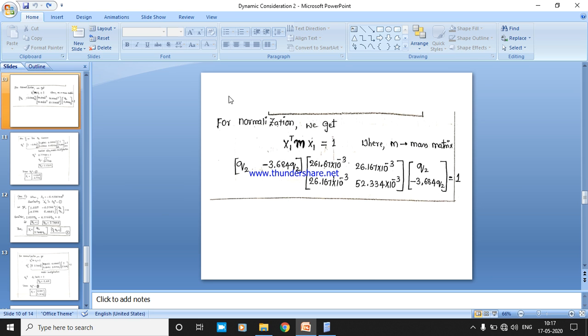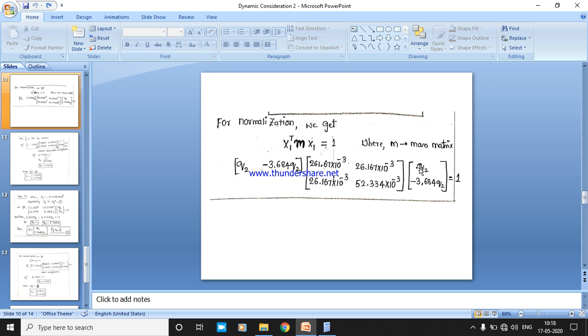Now normalizing. Why are we doing this normalization? I need the q2 value, because q2 I have considered as 1. So normalizing: x1 transpose mass x1 should always be equal to 1, where x is the q2 q3 vector and its transpose.